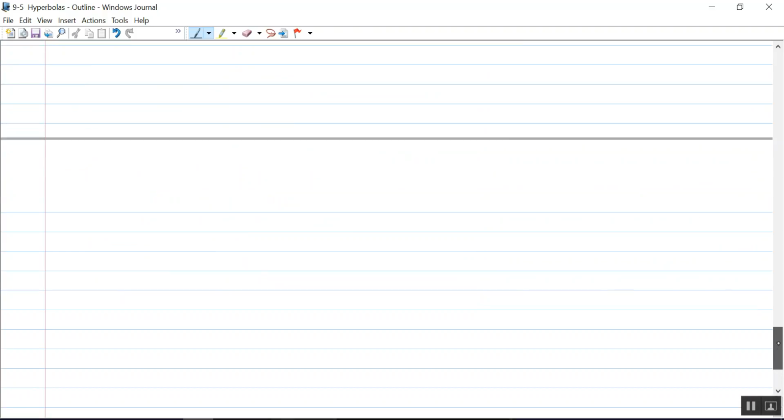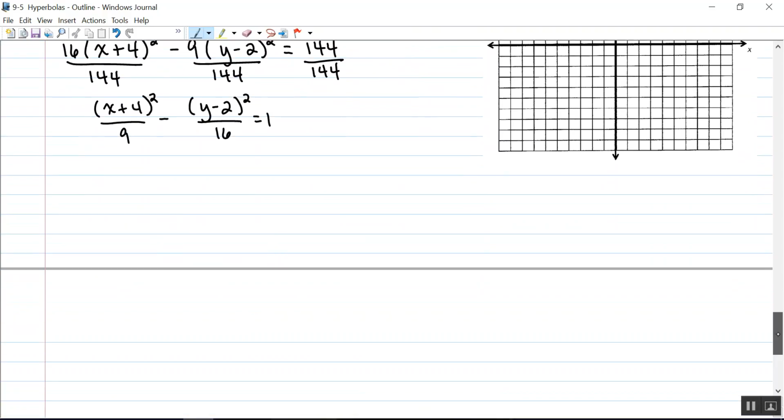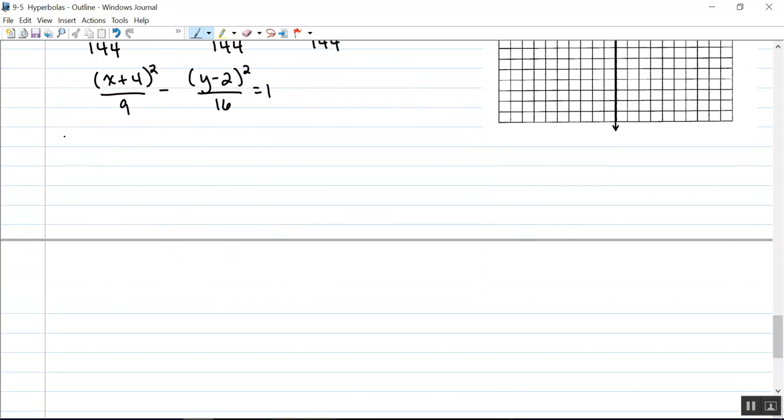Now from that equation, I can identify my center, which is at (-4, 2), and a is going to be the square root of 9, which is 3, and b is going to be the square root of 16, which is 4.